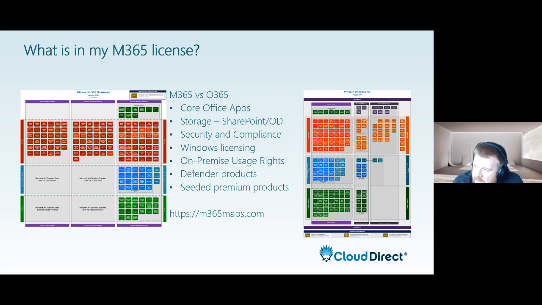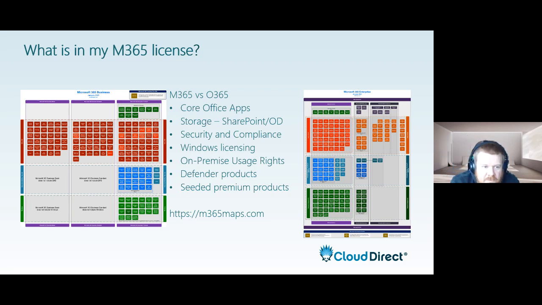We get quite a bit of storage included with these things. So SharePoint, OneDrive storage: depending on the number of licenses you get in SharePoint, you get a terabyte plus 10 gigabytes per license to store all of your corporate data. OneDrive, each user gets a terabyte of personal storage, so you can really start to utilize that.